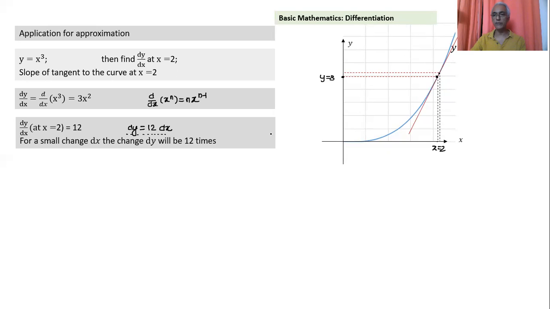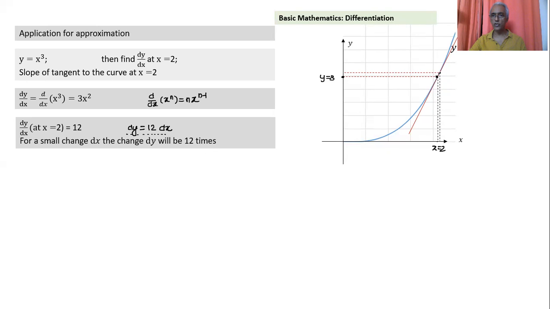So what is 12 in terms of the graph? The red line is the tangent drawn to the curve at x equal to 2. The slope of this tangent is 12. The blue line is the curve, and the red line is the tangent drawn at x equal to 2.